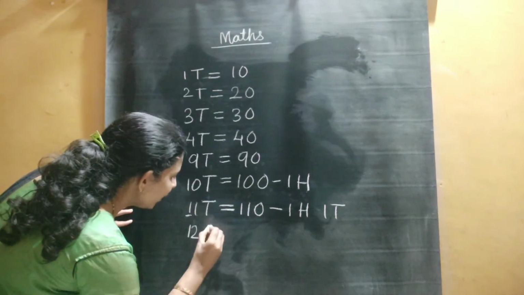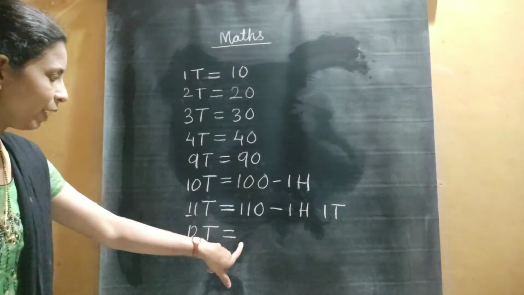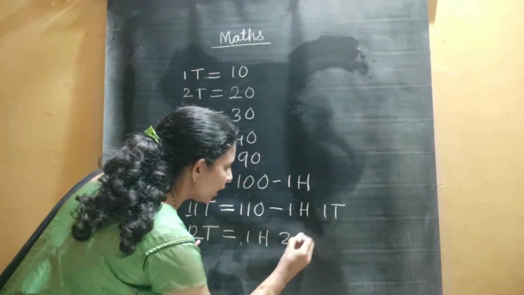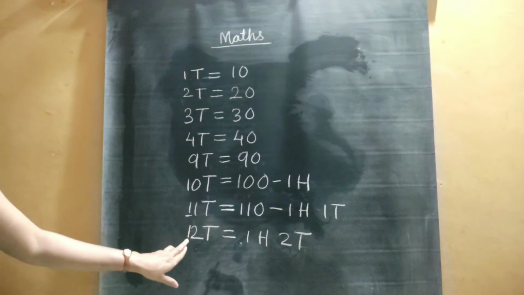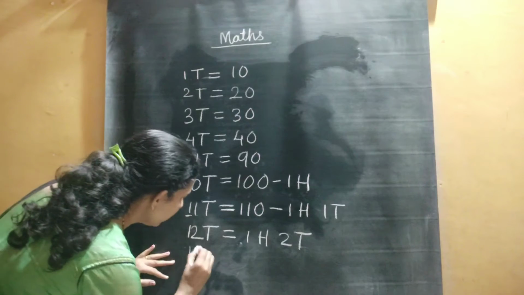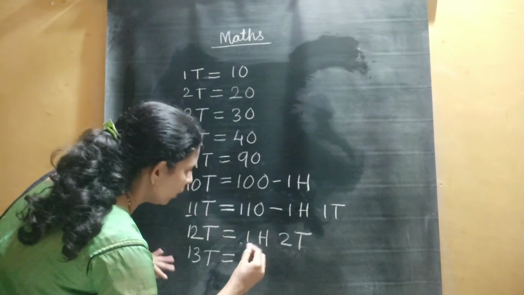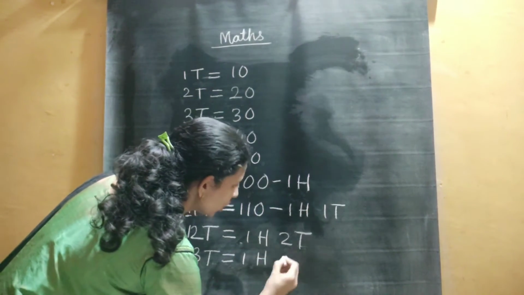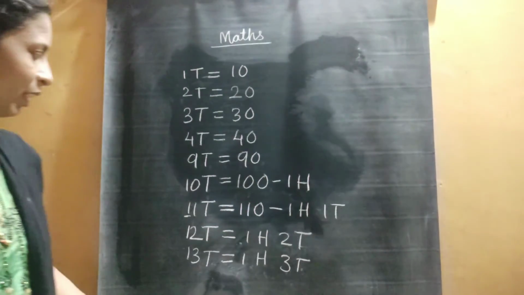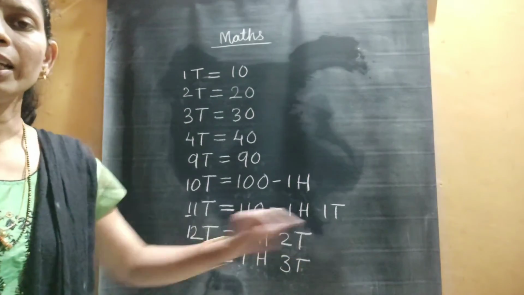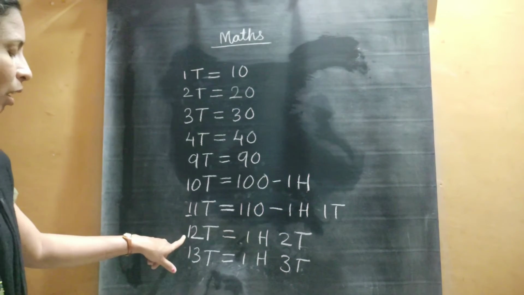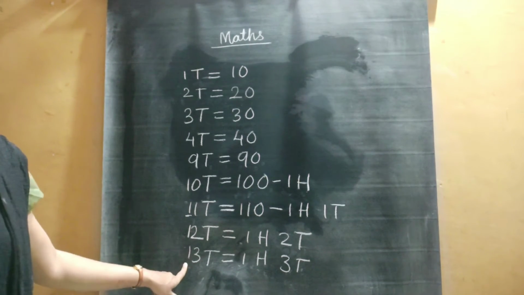Then 12 tens, how to write? 1 hundred and 2 tens. 12 tens is equal to 1 hundred and 2 tens. 13 tens is equal to 1 hundred and 3 tens, which means 130. So in this way we have to write 11 tens, 12 tens and 13 tens.